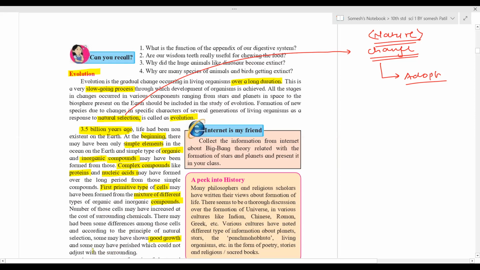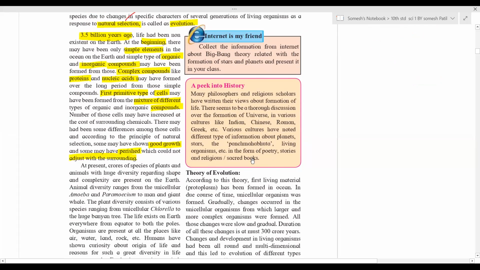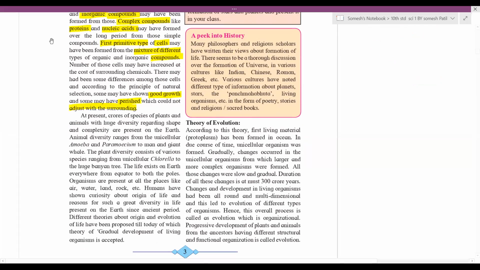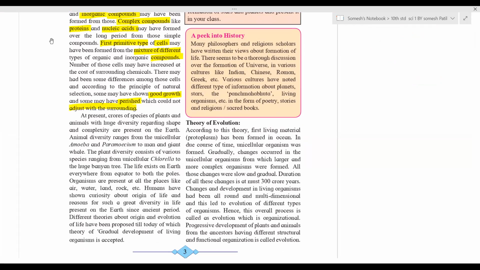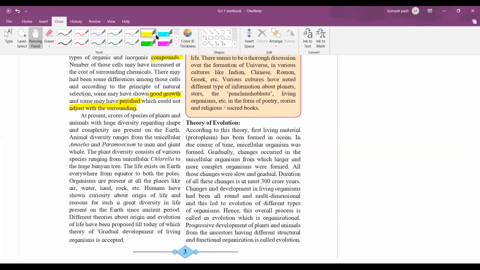Now see, these two lines are very important. Some of them perished and could not adjust with the surrounding. As I said, 80 was there; after that, 60 moved to the next stage, and 20 were settled there. It means either they settled or they perished. What does it mean? They couldn't adjust with the environment.